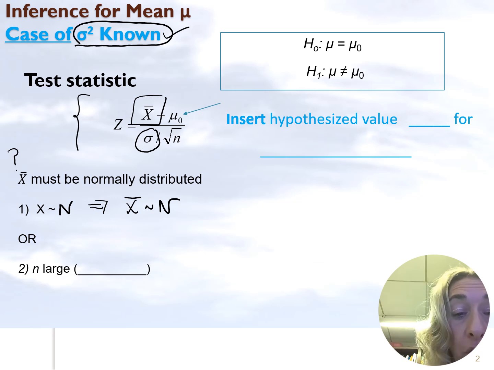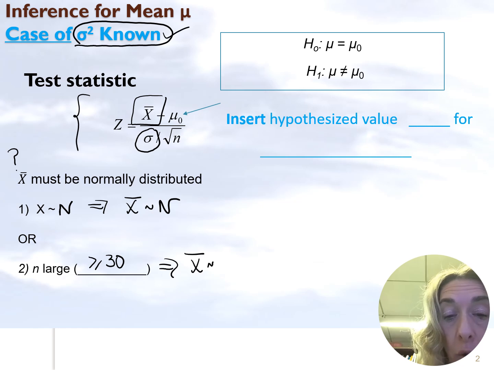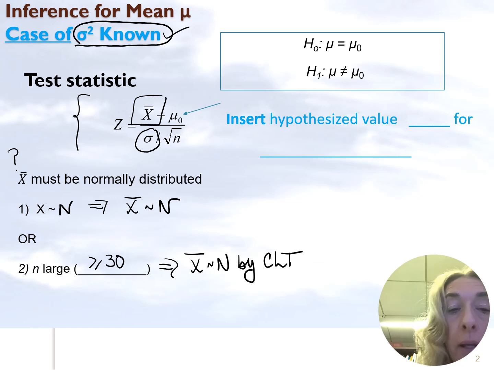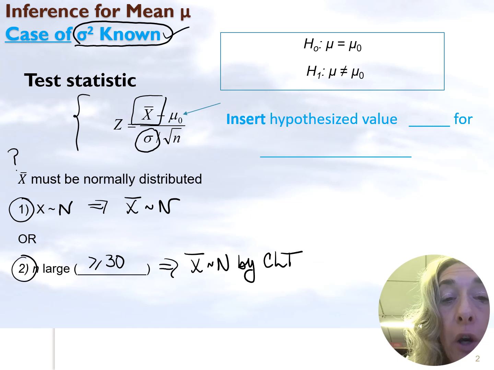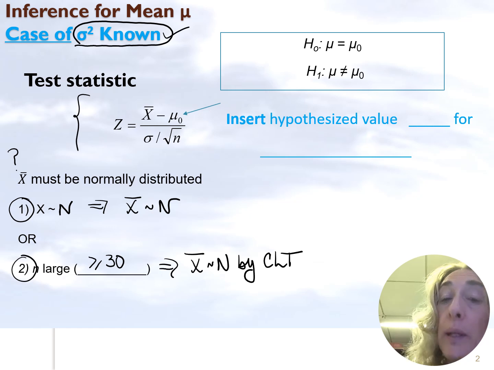Or if our n is large, meaning greater than or equal to 30, then again x bar will be normally distributed by the central limit theorem. So if either or both of these two cases is true, then x bar will be normally distributed, in which case we can transform it to a z random variable and use the z distribution and tables in the back of the book.